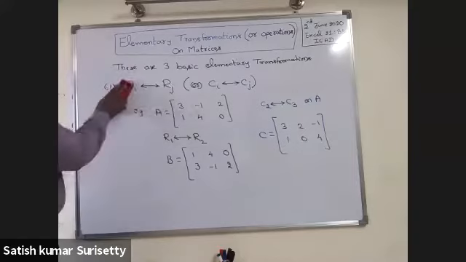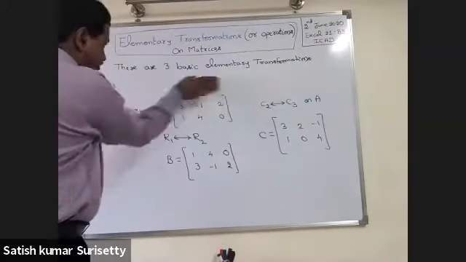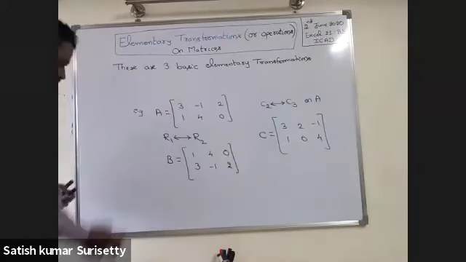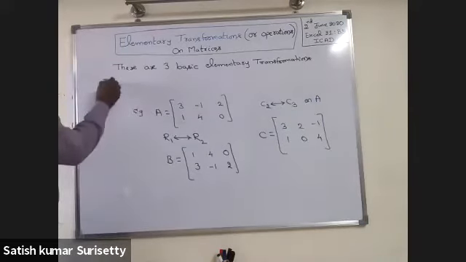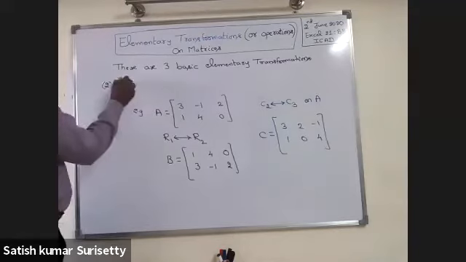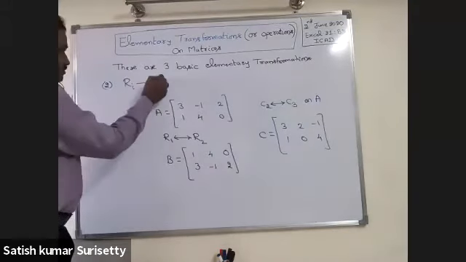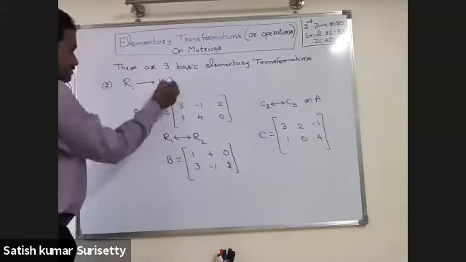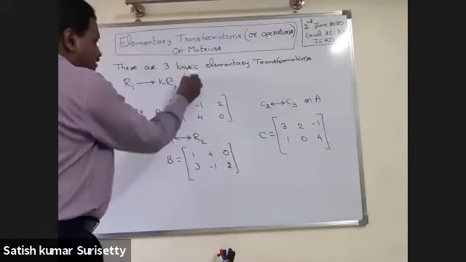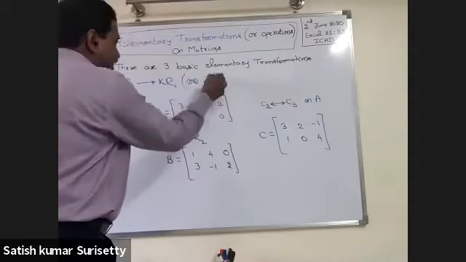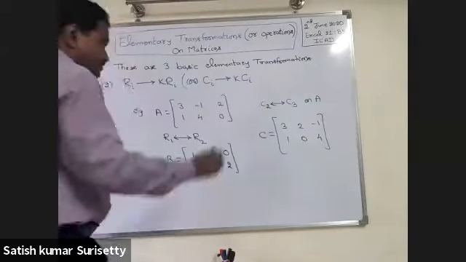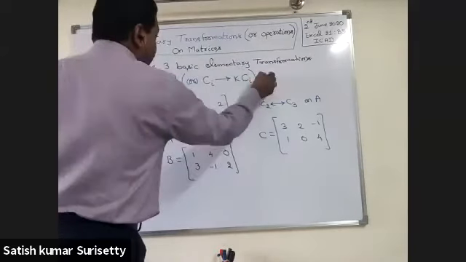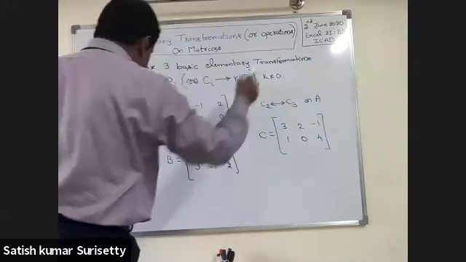Next, second operation. Ri to k Ri or Ci to k Ci, where k not equal to 0.